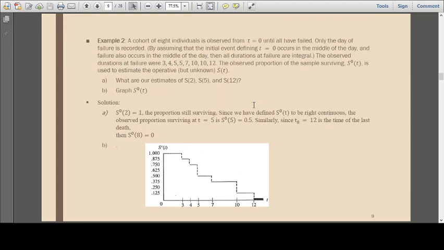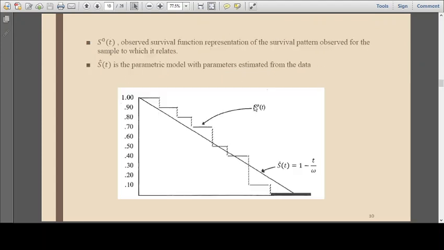You can just estimate based on the proportions. I leave it for you to try out. The solution is below, but please try it out first before you read the solution.